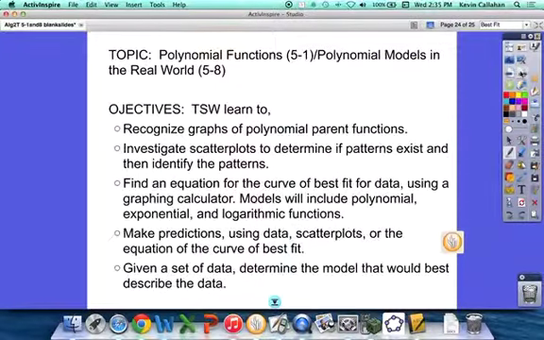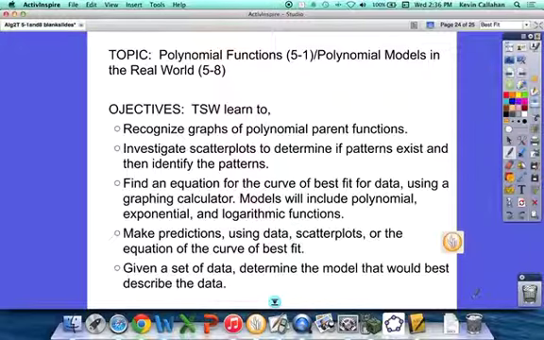Okay, so now let's go back over this. Recognize the graphs of polynomial parent functions. At the very least, we should understand linear, quadratic, cubic, quartic. We know what those shapes are. Investigate scatter plots to determine if patterns exist, which is a whole lot like, given a set of data, determine the model that would be best to describe the data.